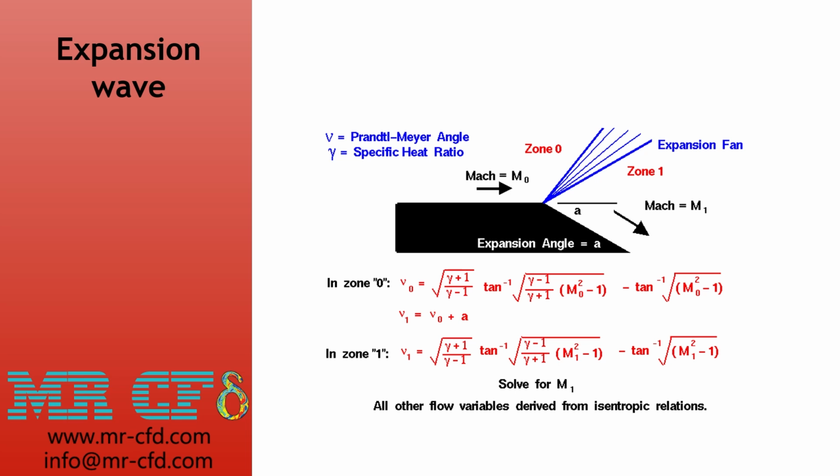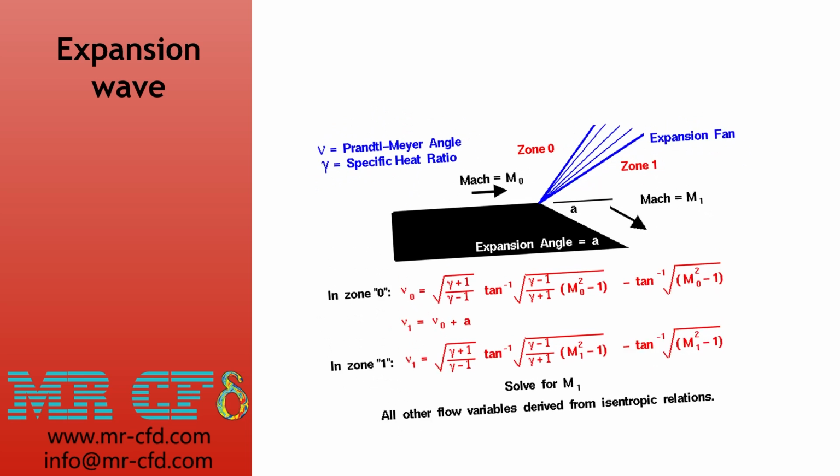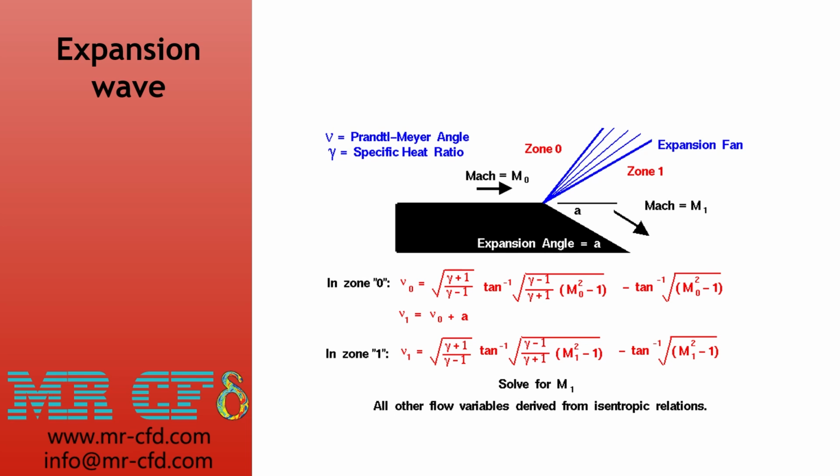So we have different equations for this kind of waves compared with the other ones, but in these cases we can also estimate the values with T, P or rho. But the main difference here is that we have a higher speed and higher Mach number after the expansion fan than before it, as we see vice versa in the shock waves.